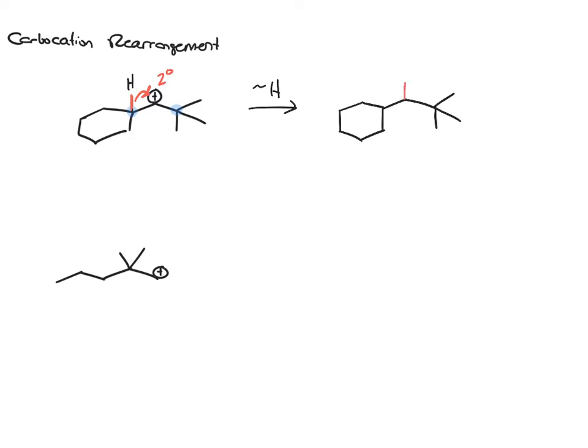If you want to draw that hydrogen in, you certainly can, or you could just leave it implied, as we typically do. But by taking the electrons out of there, you get the positive charge on the neighbor carbon, and that is now tertiary. So it's more stable, so that's what will happen.